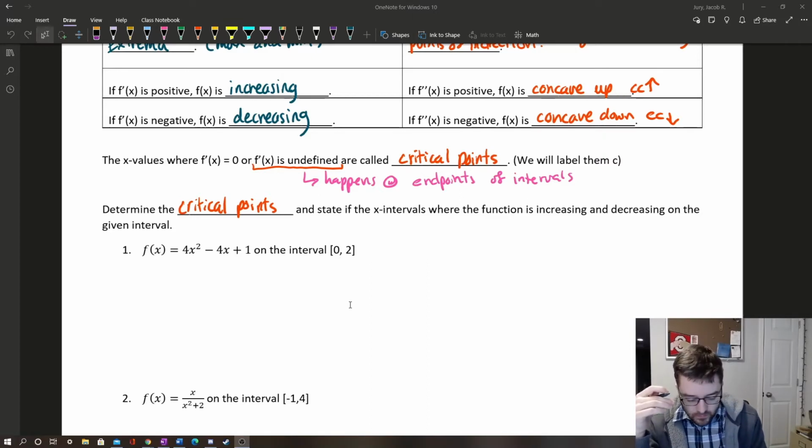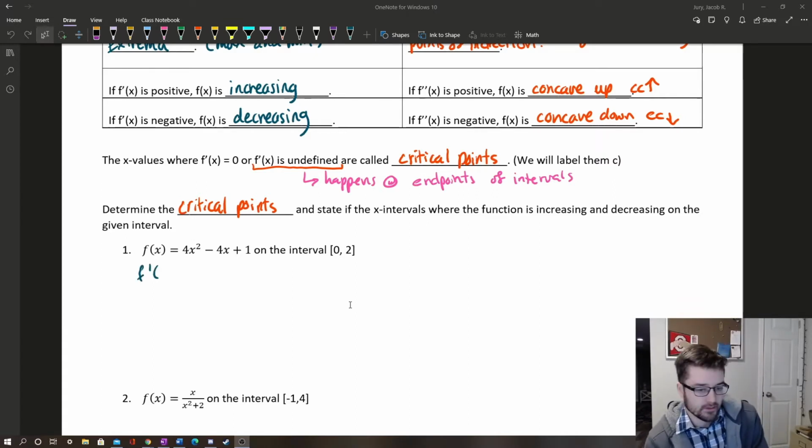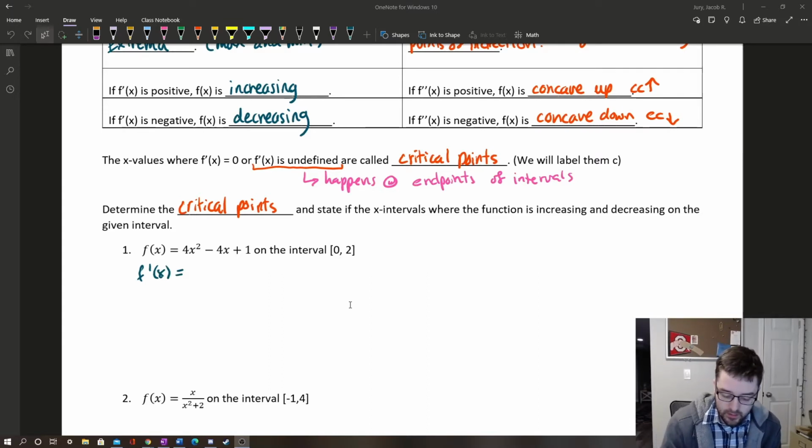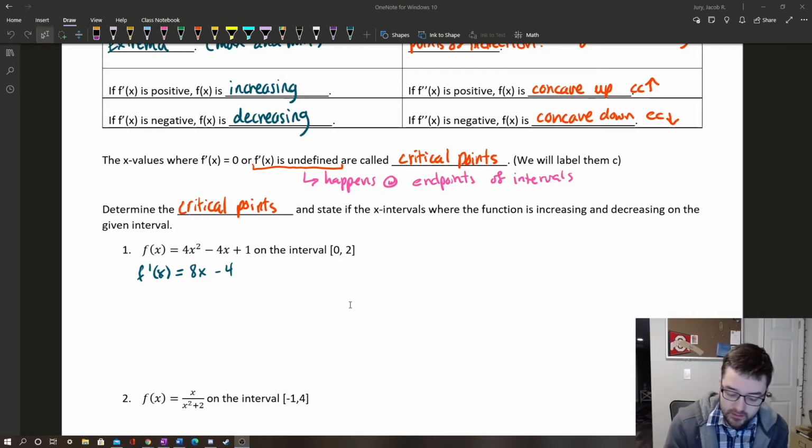So we've got a quadratic to start off with, and the first thing we're going to do when we work through these problems is set f prime of x equal to whatever the derivative is of this function. So I'm going to have 8x minus 4, and then based on the first derivative test, we're going to set this equal to 0.